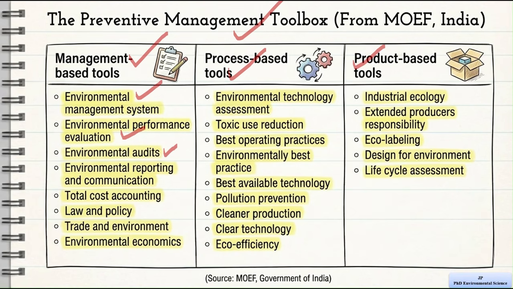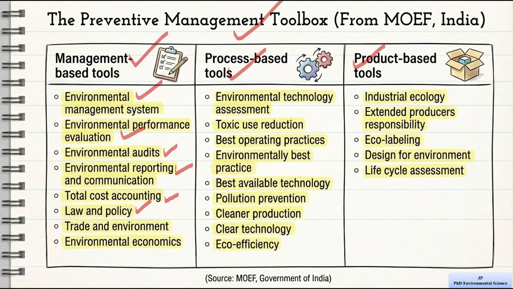Environmental audits, regular checking and inspection of environmental practices. Environmental reporting and communication, sharing environmental information with the public and authorities. Total cost accounting includes environmental costs in the financial decisions.